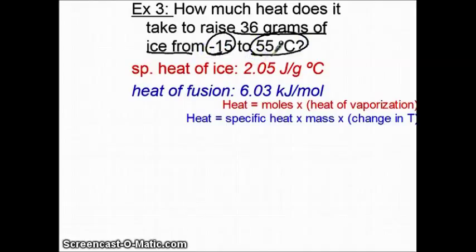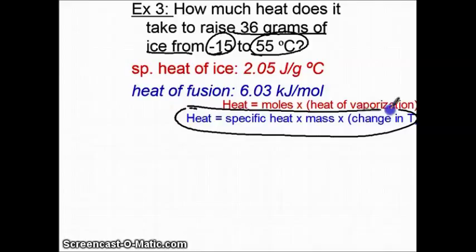So we know that's going to go past its melting point. So we have to take this here to get it from -15 to 0 degrees. Once it gets to 0 degrees, then we have this heat here of vaporization, but it's not going to be vaporization, it's going to be fusion here.